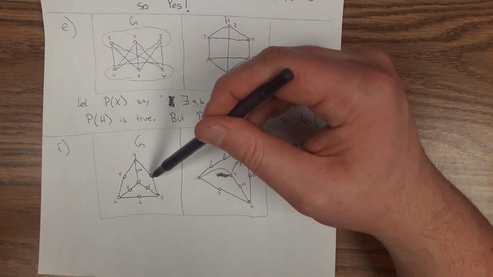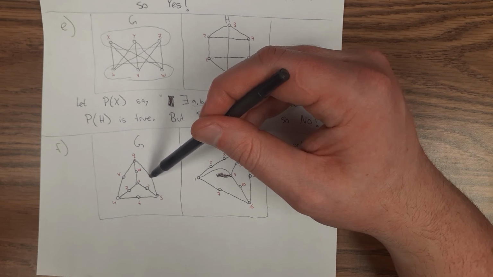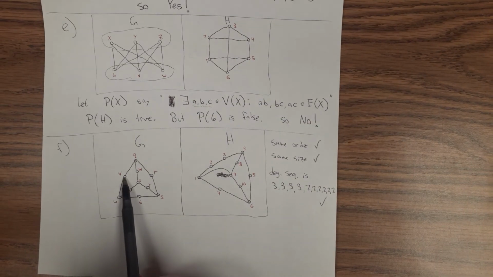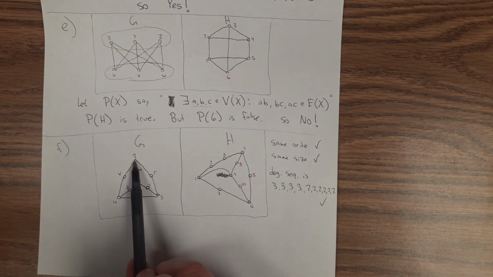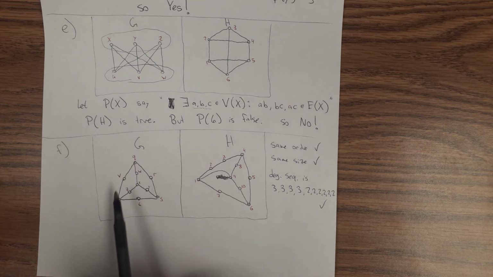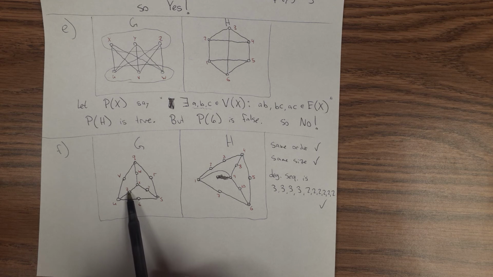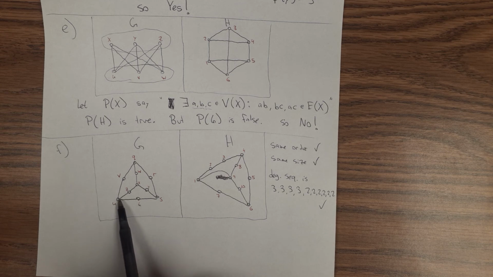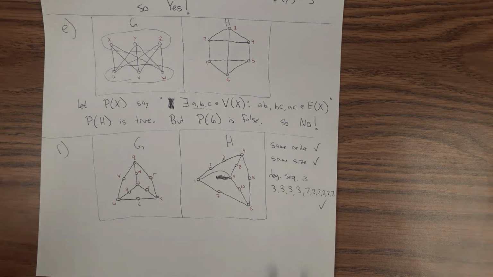And I can check that that's true for all the degree 2 vertices. So here's another degree 2 vertex, and its neighbors, Q and U, both have degree 3. Z is another degree 2 vertex, and its neighbors both have degree 3. T is a degree 2 vertex. Its neighbors both have degree 3.